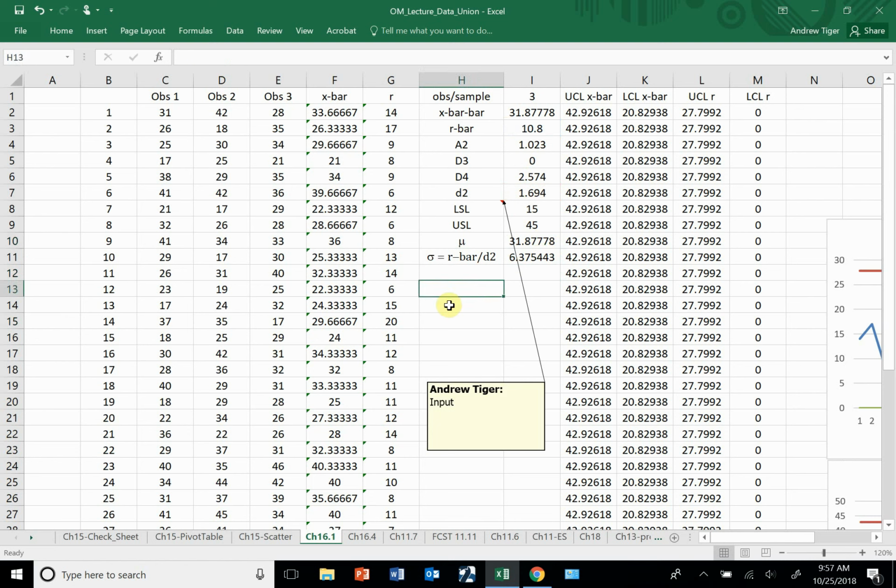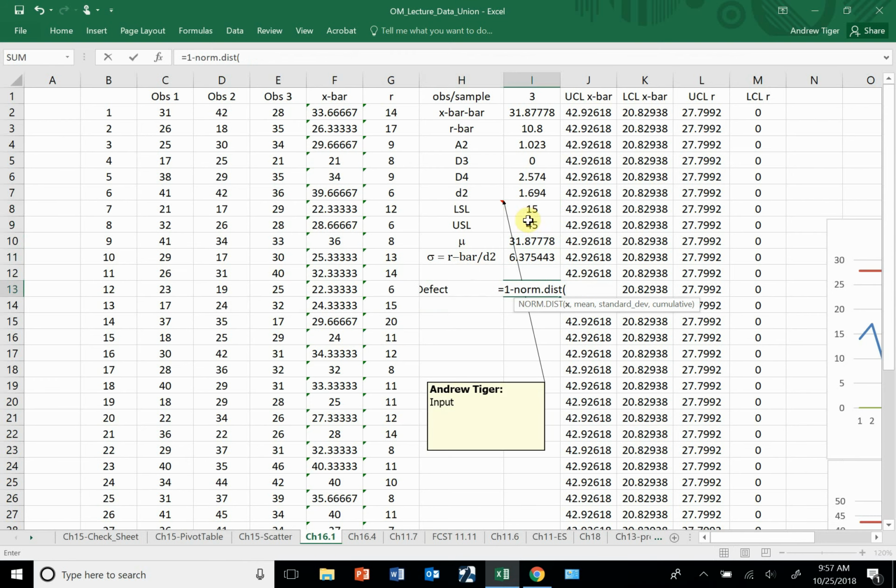So now that I've got a process centered at 31 with a standard deviation of 6.5 that's normal, and I've got my requirements, I can determine the defects. Defects to the right, above the upper spec limit, is equal to 1 minus norm dist.